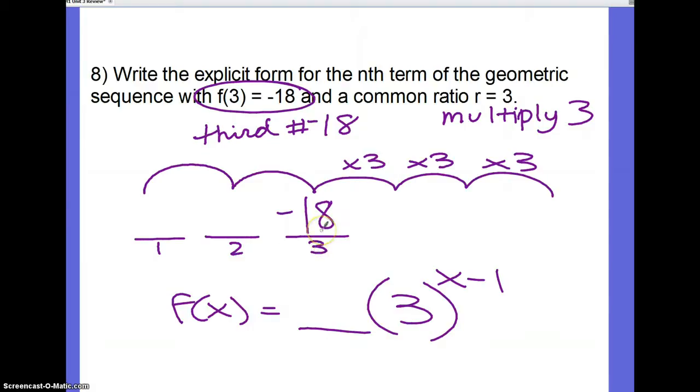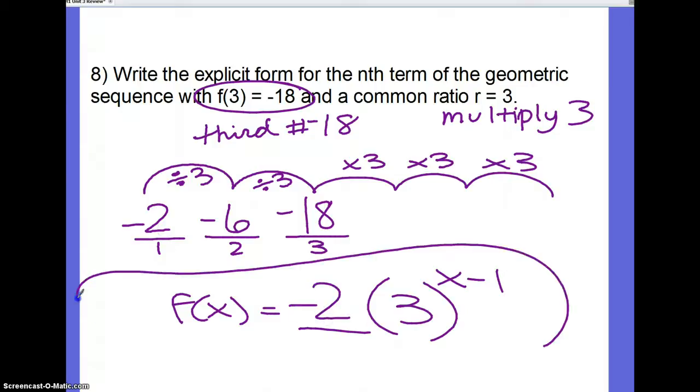So if we divide negative 18 by 3, we can go backwards and we'd get negative 6. If we divide negative 6 again by 3, we end up with negative 2. So our explicit is negative 2 times 3 to the x minus 1.